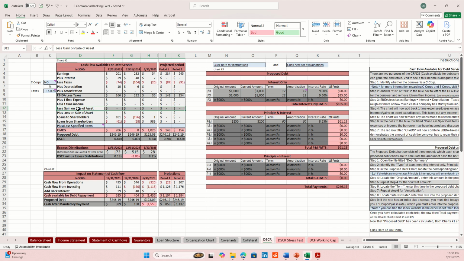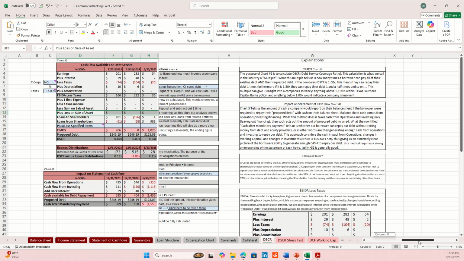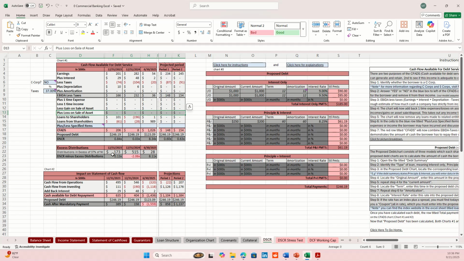But in this year, they did sell a tractor, which made them abnormal revenue. So we're going to take that abnormal income out of their normal cash flow available for debt service. Whereas if they had a loss on a sale of an asset, we're going to add that back in because that's not normal. And remember, if you get confused, there's all this information over here that can explain it for you. Okay?